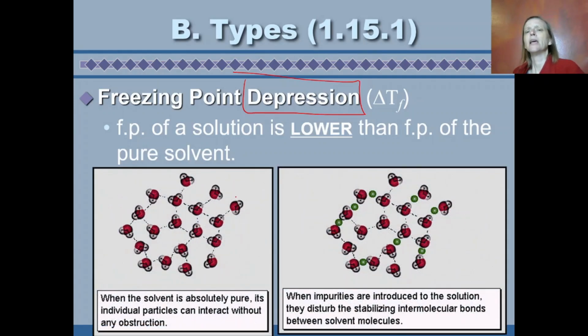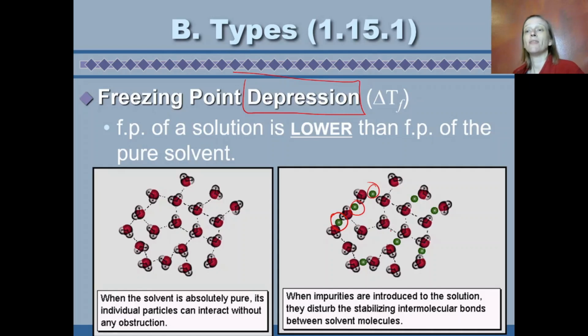Why does this happen? If you have totally pure water, the particles can interact with each other, dipole-dipole interactions and hydrogen bonding. They can interact with each other without any obstructions, without anything in the way. But then when you have these solute particles in the water, they get in the way of hydrogen bonding. They get in the way of these intermolecular forces holding these water molecules together.